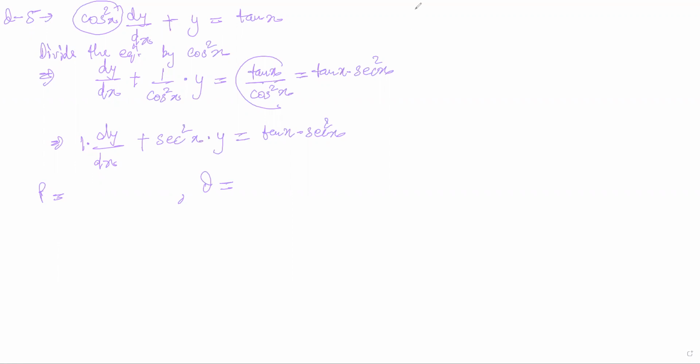Just compare it with the original equation. The original equation was dy by dx plus p into y is equal to q. This was the general form. Compare the given equation with this and tell me what is the value of P. What is the value of P?